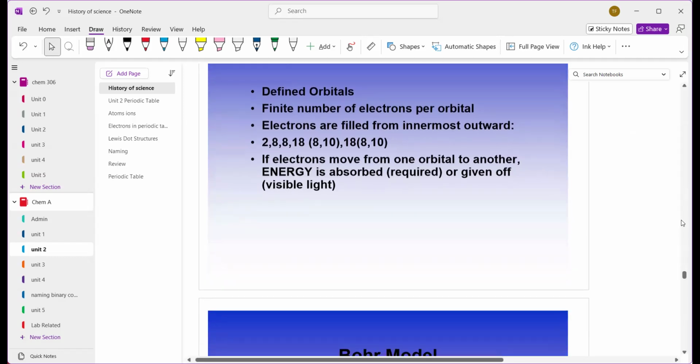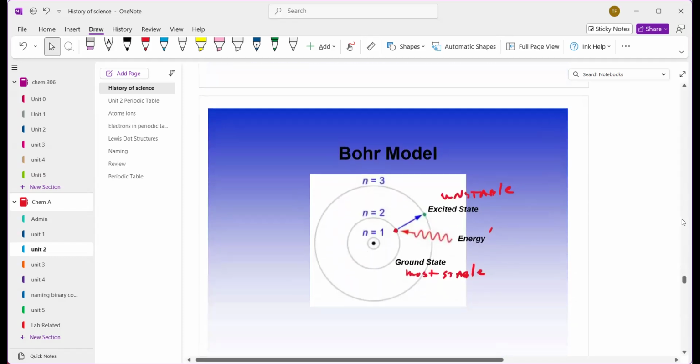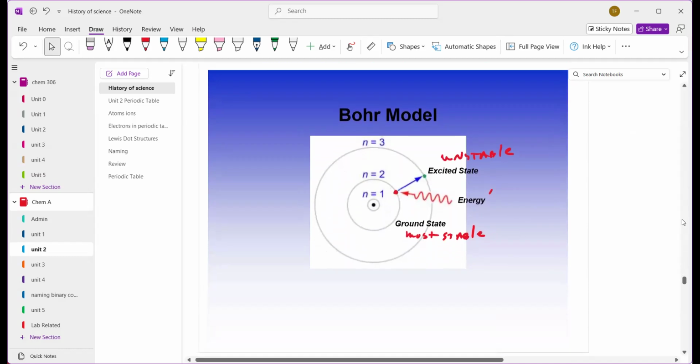So what he did: we have orbitals, and we have a nice ground state electron. That means it's the most stable state it can be in that particular orbital. And we zap it with some energy. It's going to go up to a more unstable place.